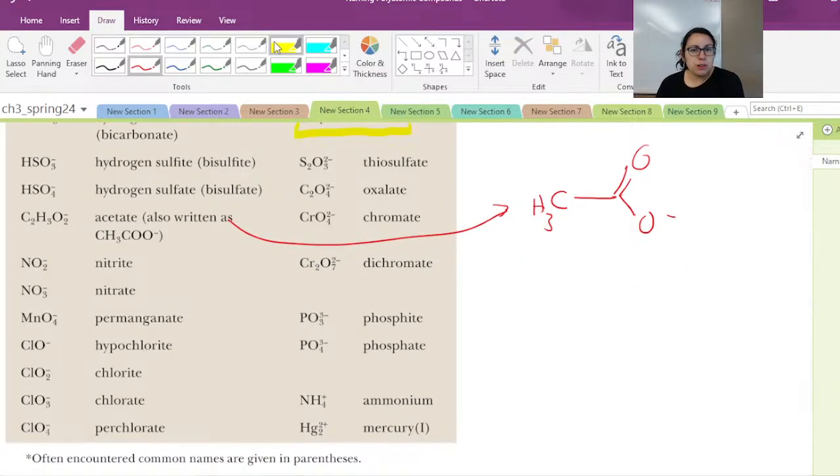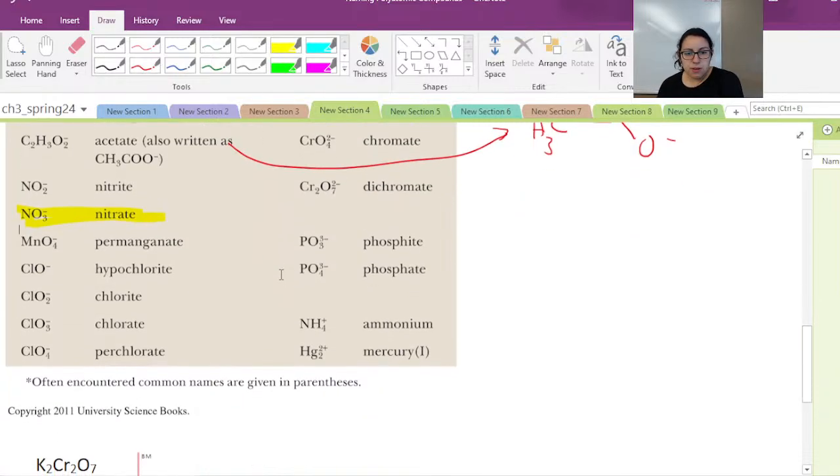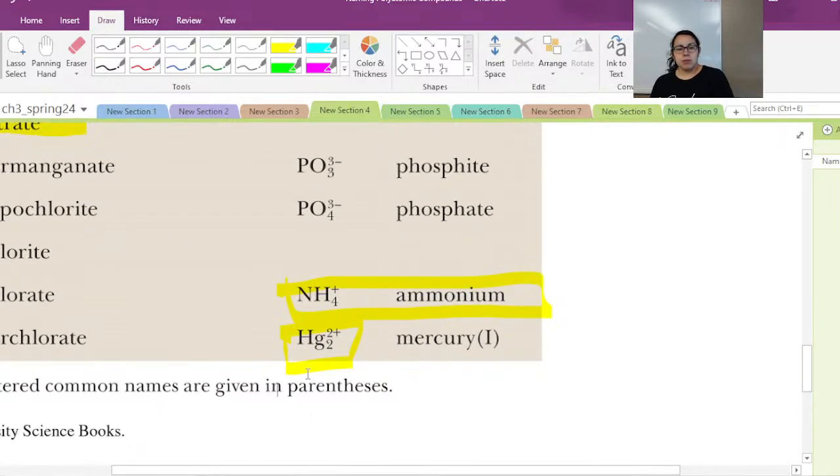Other common ones are nitrate, so NO3 with the -1 charge, that comes up a lot. Notice you have very few positive ones, so you have ammonium as one of your few cations, and then technically also mercury. So this is mercury 1, but it's complex as this dimer.